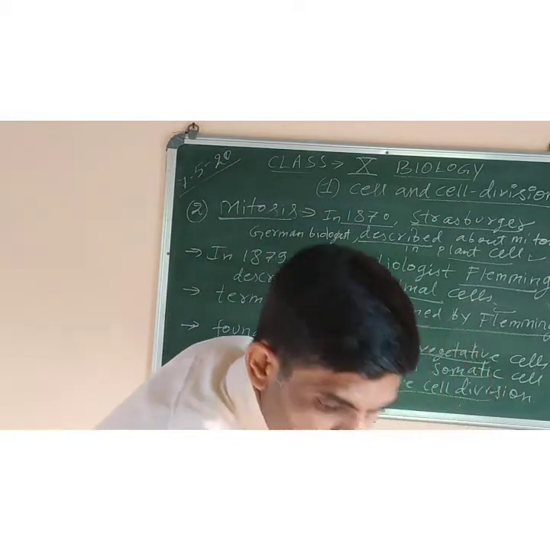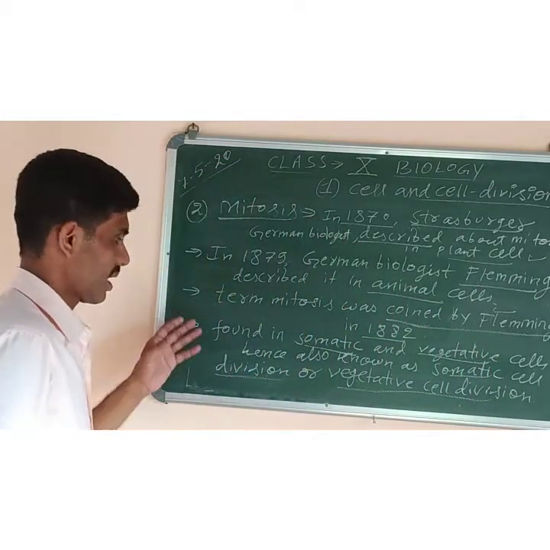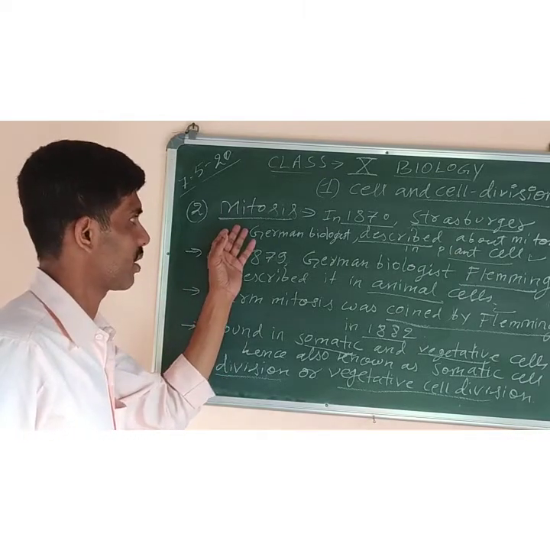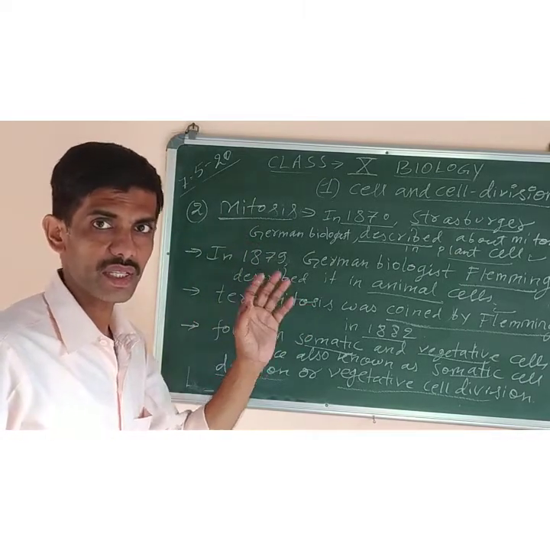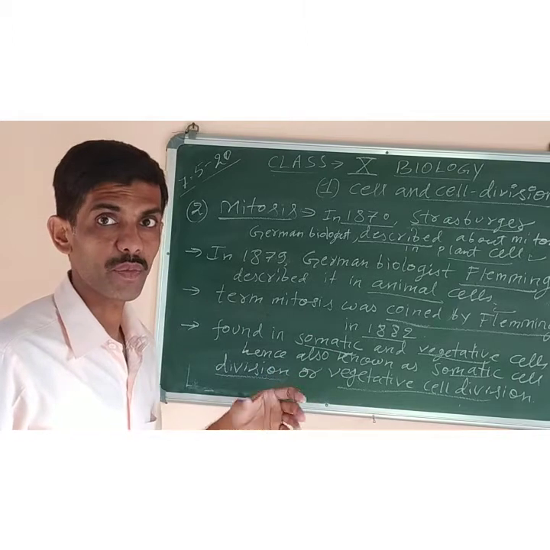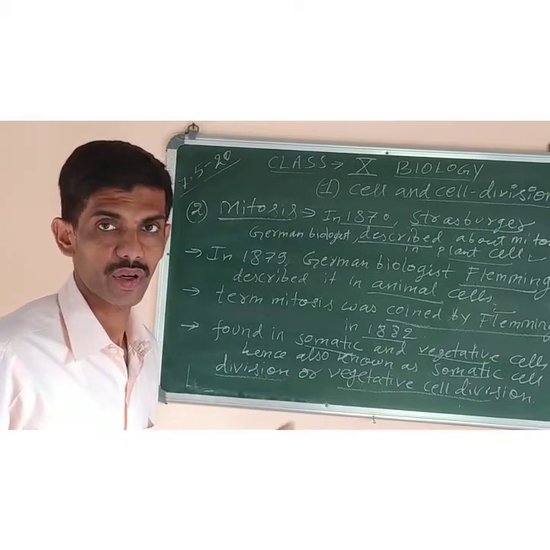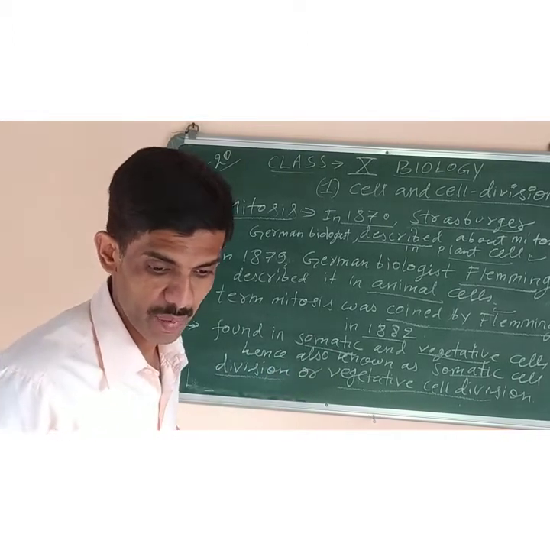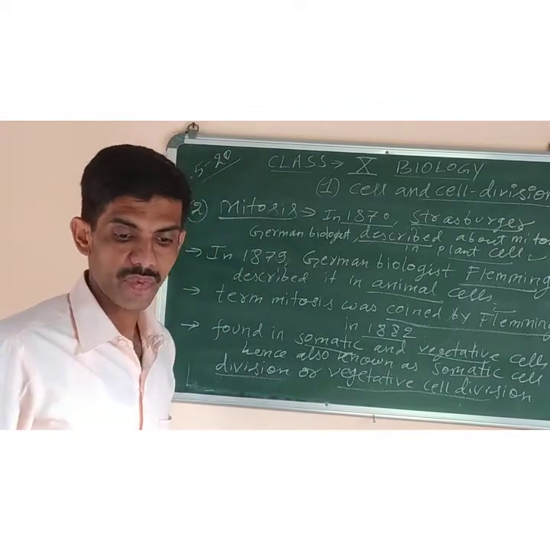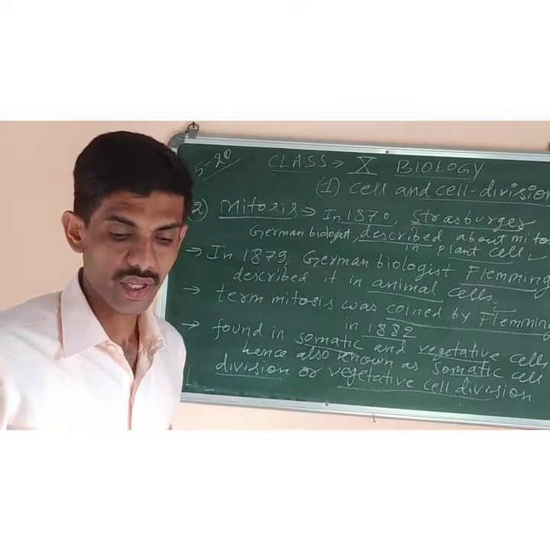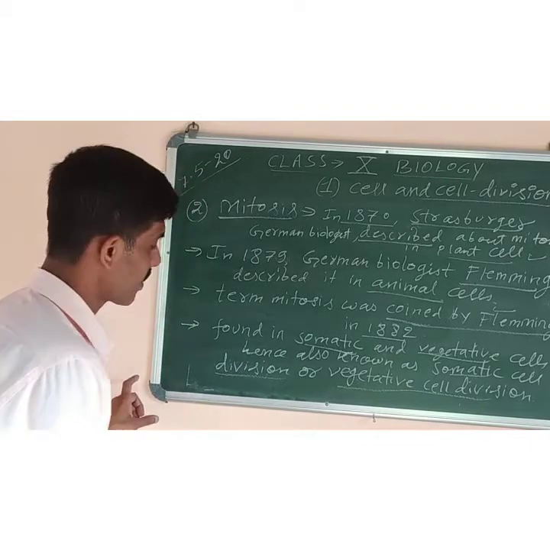Now next, it is a type of reproduction also. This mitosis is used by unicellular organisms as a means of reproduction for growth as well as for development also. So it is meant for asexual reproduction, growth and development of living organisms.